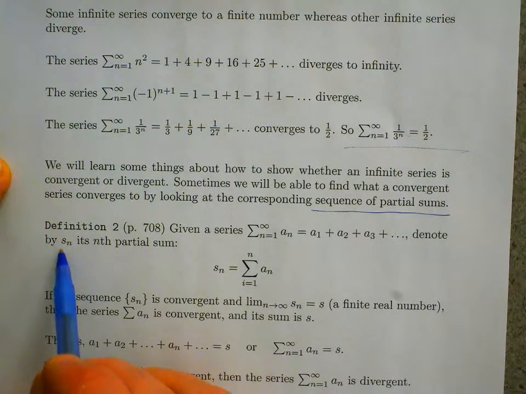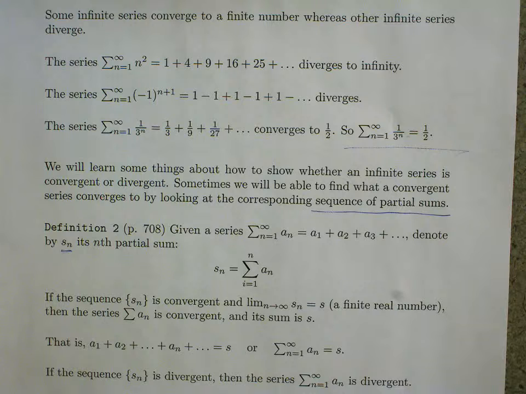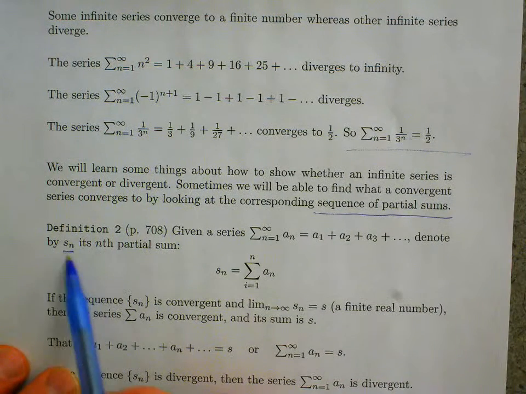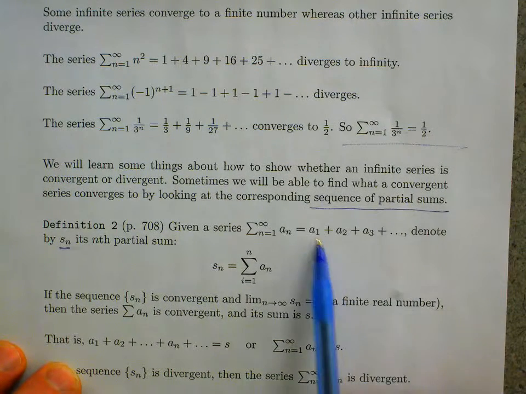So this S sub n forms a sequence of numbers. That's the thing to grasp here. S sub n forms its own sequence, and it's referred to as the sequence of partial sums.